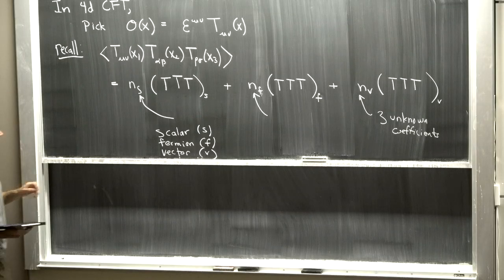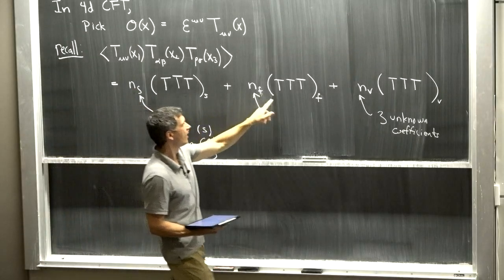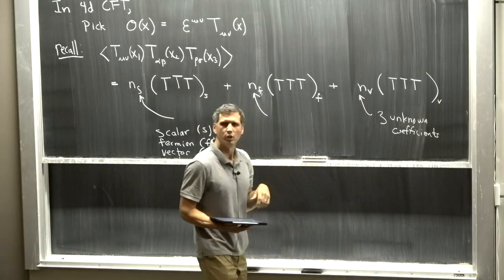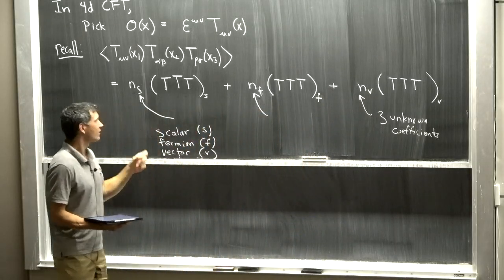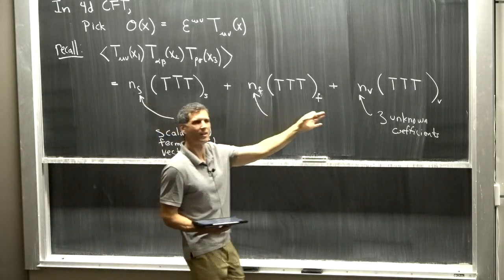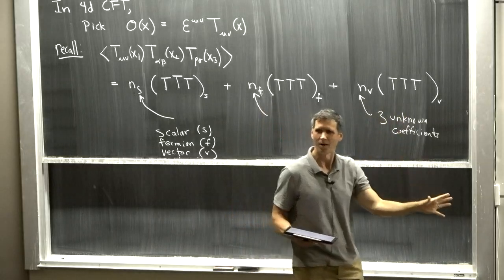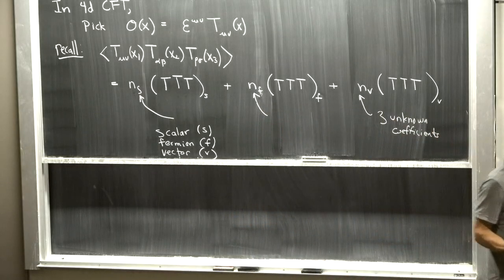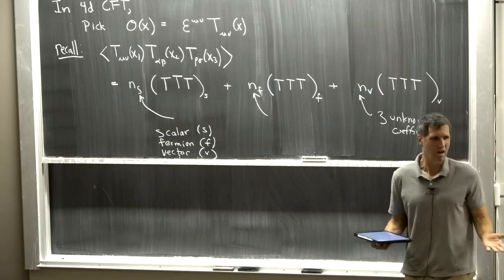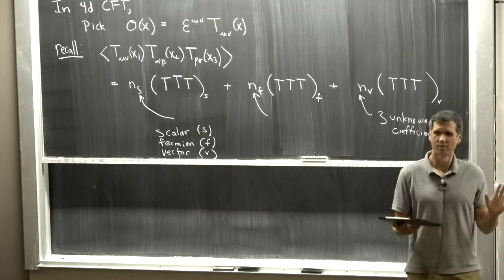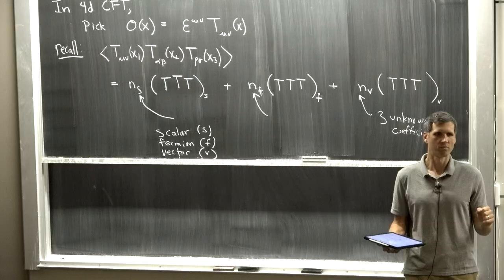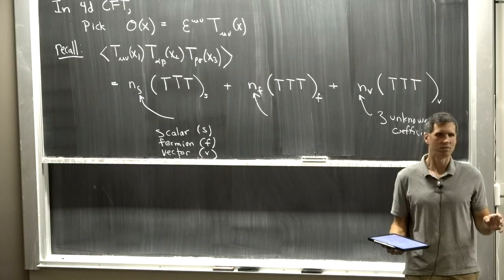The coefficients here, NS, NF, and NV, you can roughly think of as number of scalars, number of fermions, and number of vectors, but don't think of them that way because we're not doing free theory. If we were doing free theory, those would be integers, telling you how many of each particle there are. But in an interacting theory, they're not integers, and at this point, it's not even obvious that they have to be positive. Okay, is there a question? No? Good? Okay.